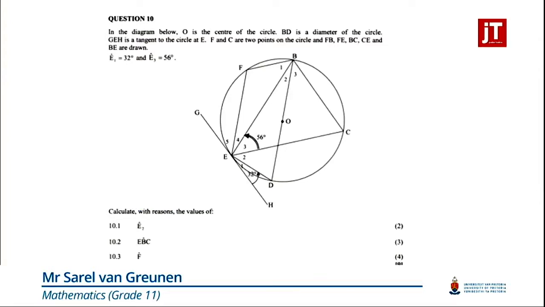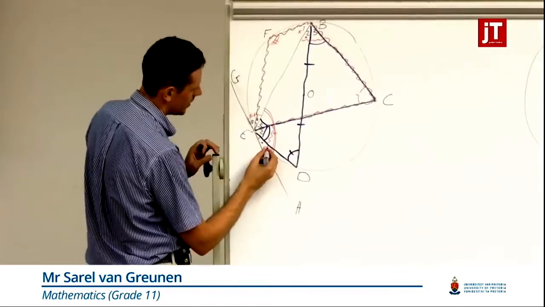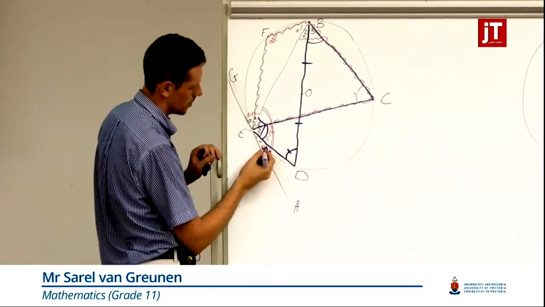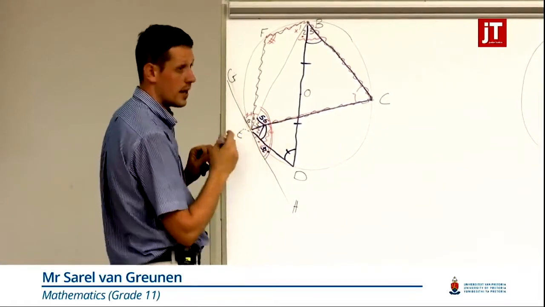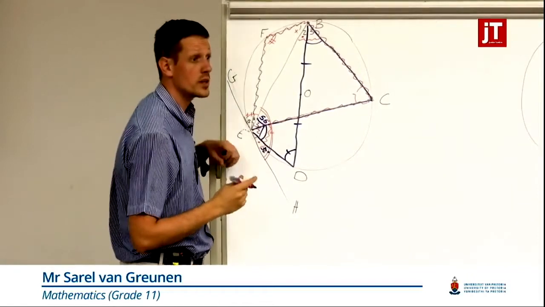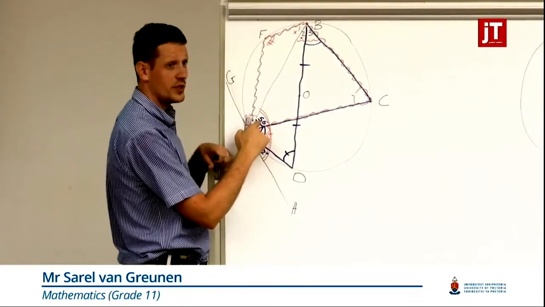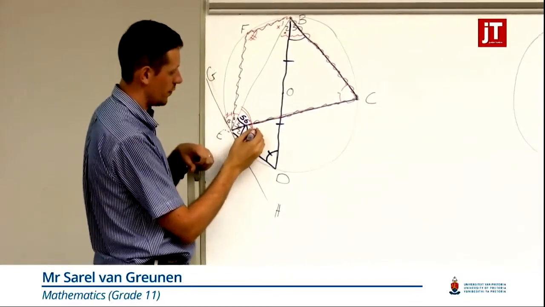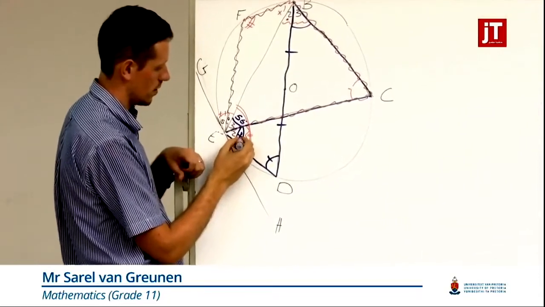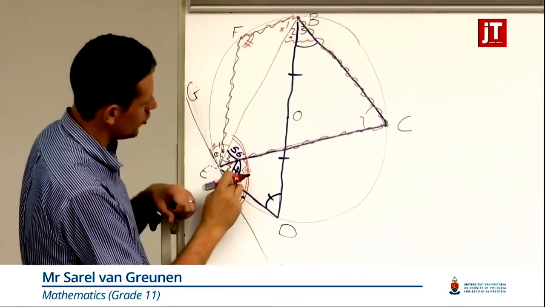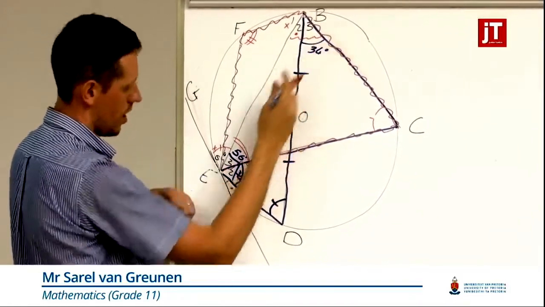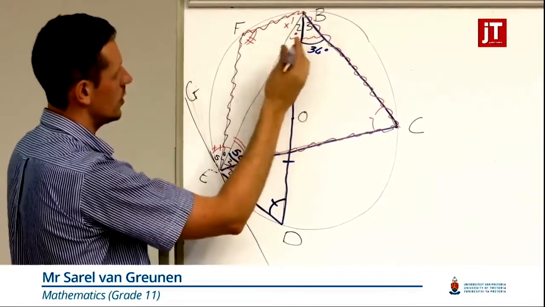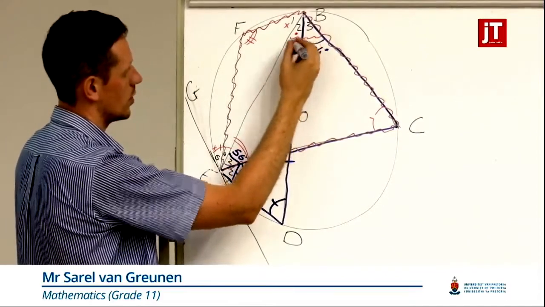So now they tell me, extra bit of information, that this is 32 and that is 56. Now I can go and fill in all the rest. If that is 56, that is 34. If that is 34, that is 34. If that is 32, that is 32.